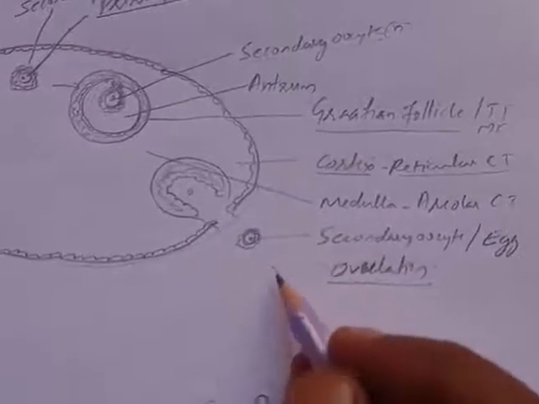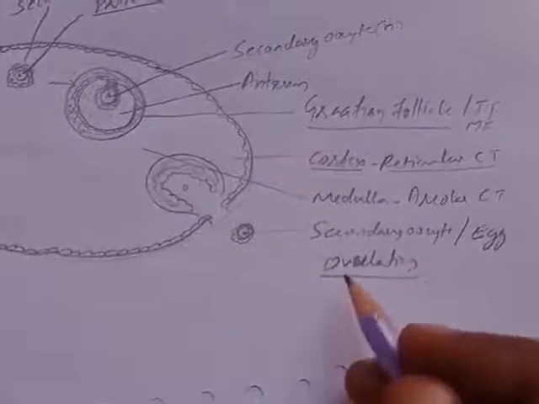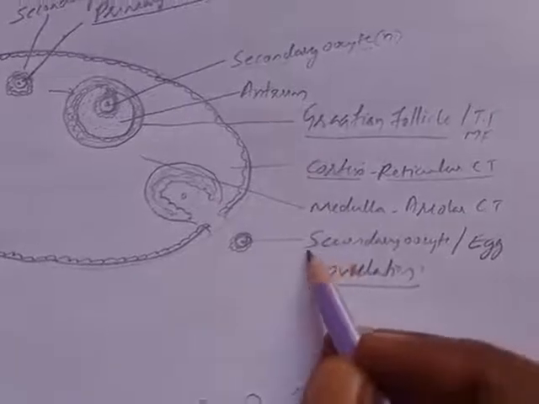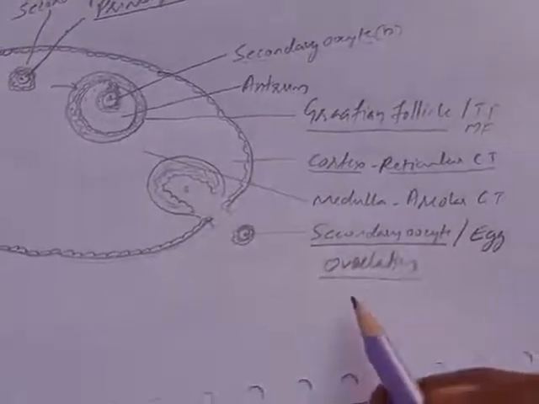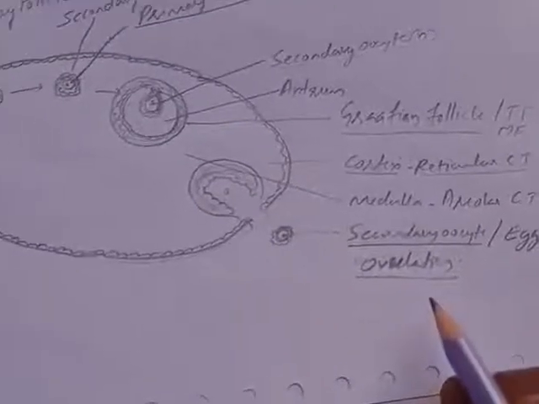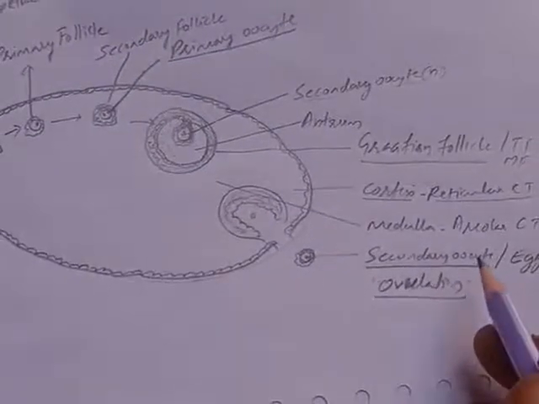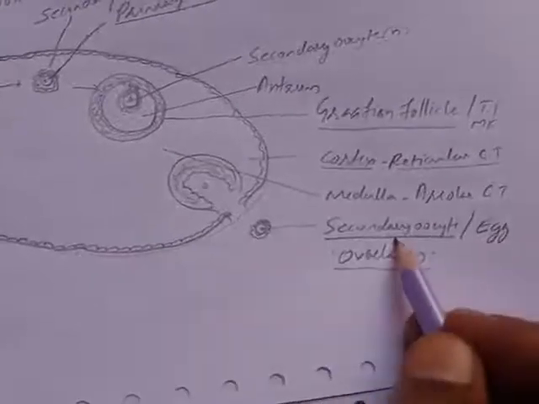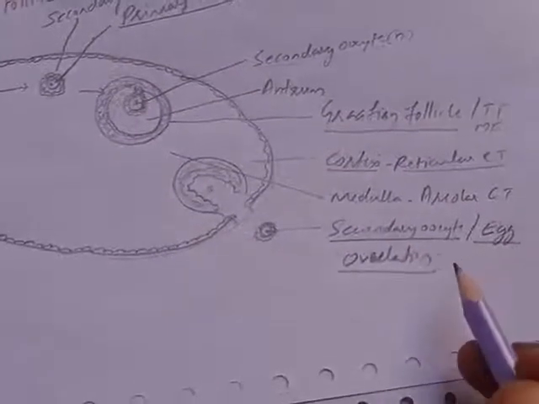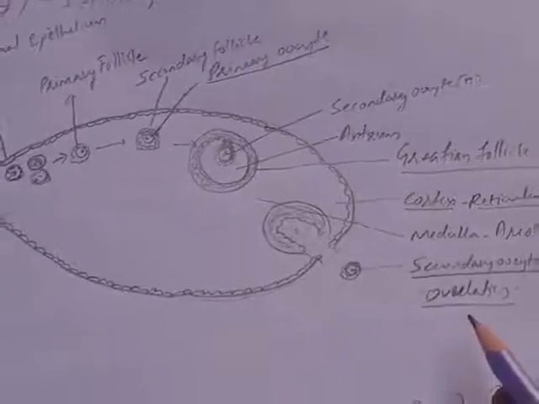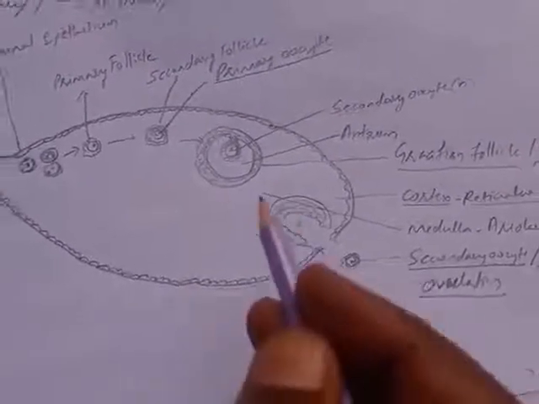The egg is released, we mentioned, but exactly this was in the secondary oocyte stage, not the matured egg, right? At the time of fertilization only, it is divided by meiosis 2 and produces the ova or egg, right? That explanation is not necessary, but we should know this.